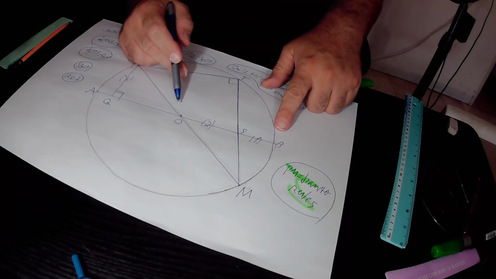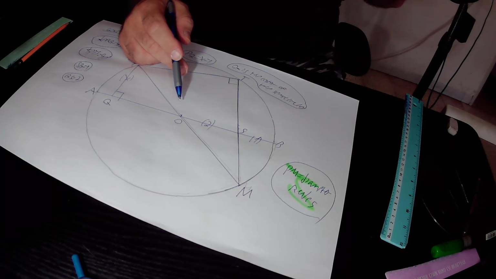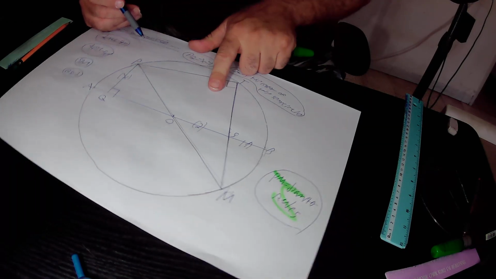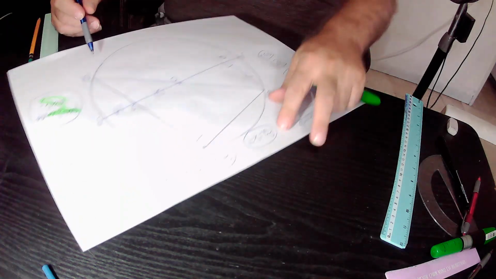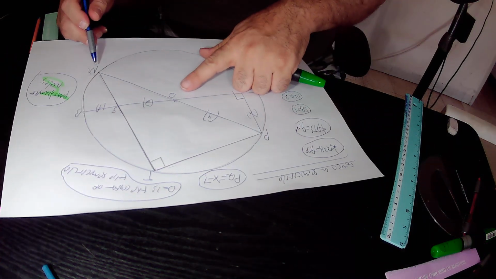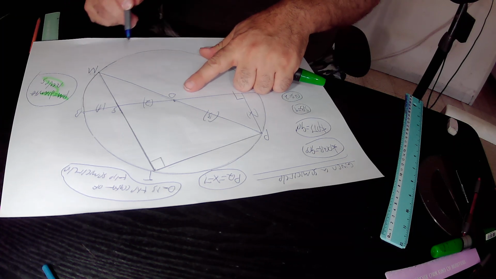So OB in total equals OS, that is 2, plus SB, that is 1. So OB equals 2 plus 1, that is 3. So we found out that the radius of this circle equals 3 units in its length. So the radius PO must be equal to 3 units in its length, and the radius OM must also be equal to 3 units in its length.